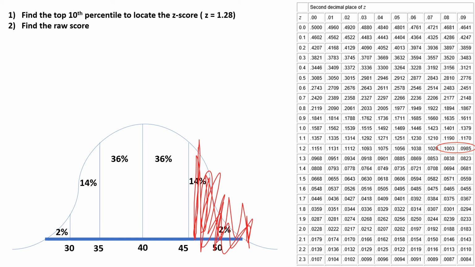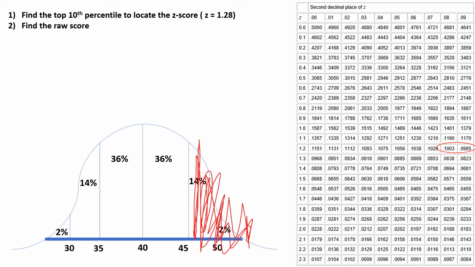And how did I get a score of 1.28? Well, we have these two proportions there on the right hand side of the screen in that red oval, and we have 0.1003, and then we also have 0.0985.